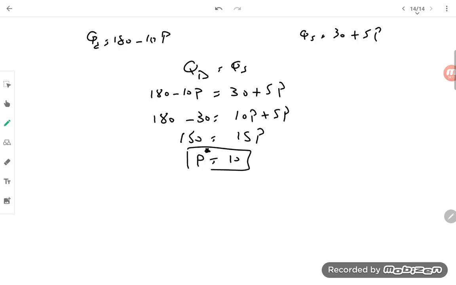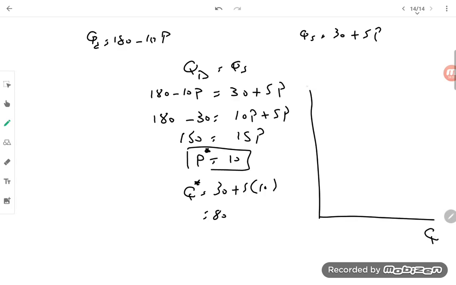This is the equilibrium price. Equilibrium quantity: we are going to substitute in QD or QS in order to find the equilibrium quantity. It will be 30 plus 5 multiplied by 10, which is 80. So equilibrium price is 10 and equilibrium quantity is 80. To illustrate this graphically, this is Q and P. This is 180.